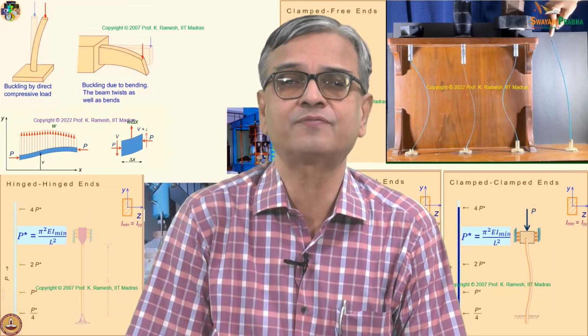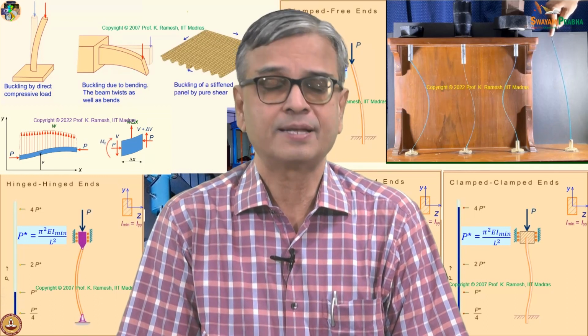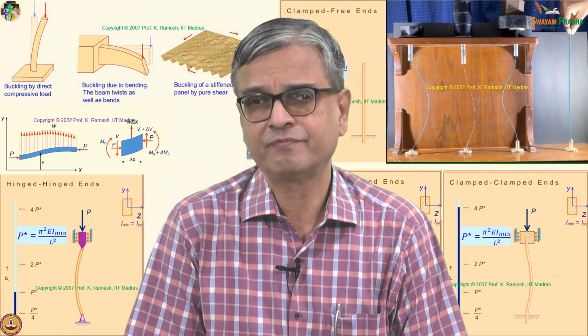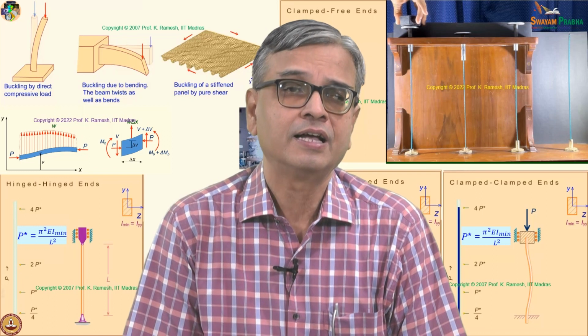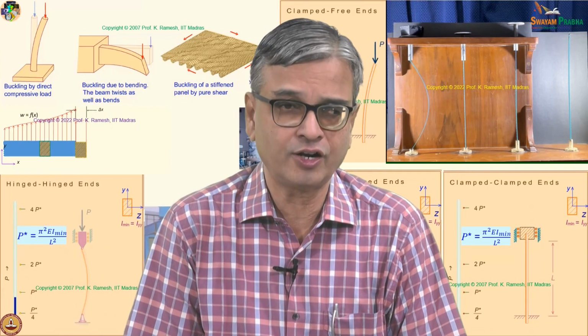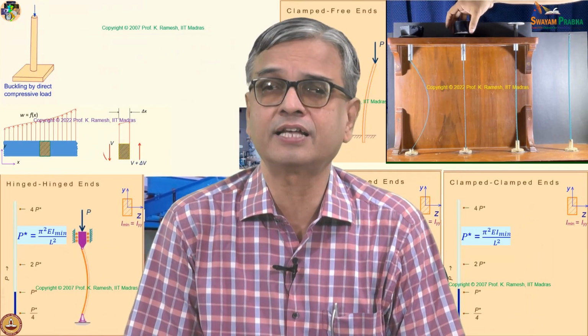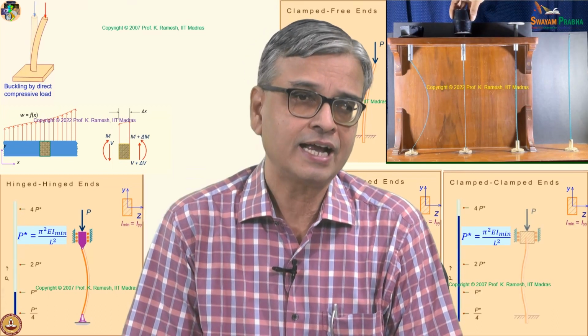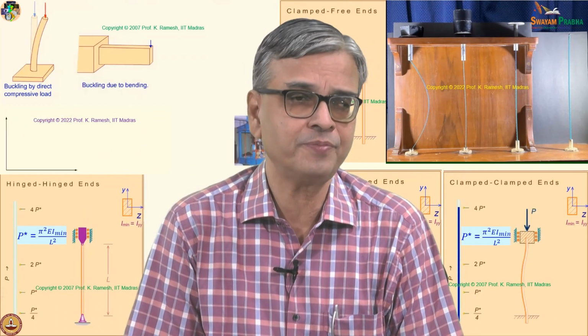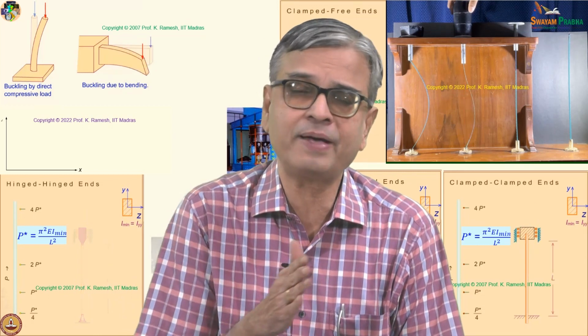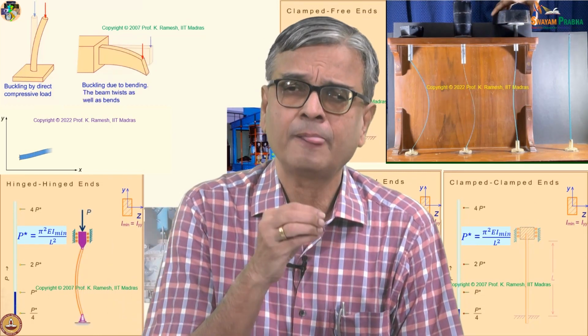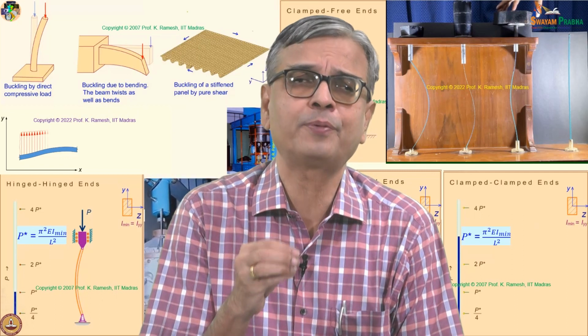So, in this class we have looked at stability in a broader perspective. We have looked at different end conditions affecting the critical load. We have also looked at equivalent column length and discussed slenderness ratio, and also had a threadbare discussion on how you physically approach a problem.